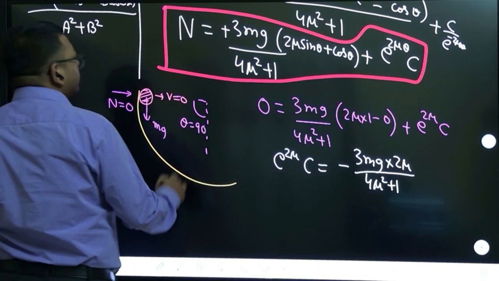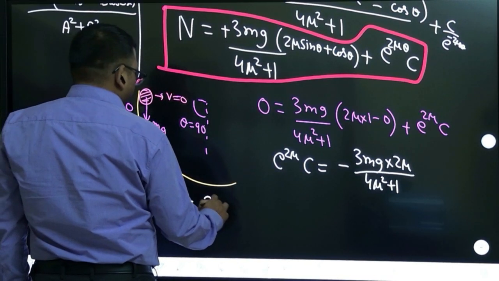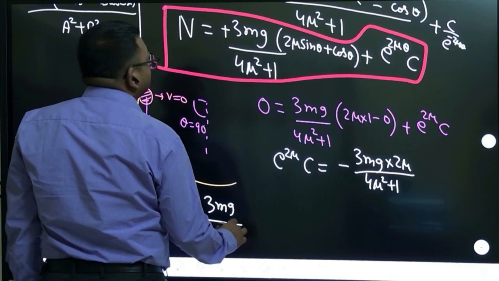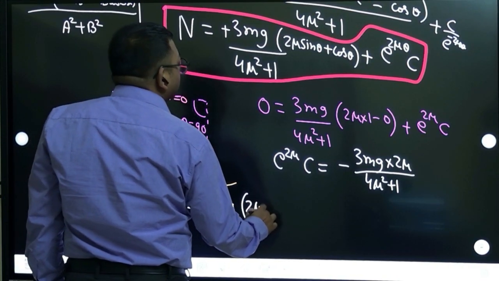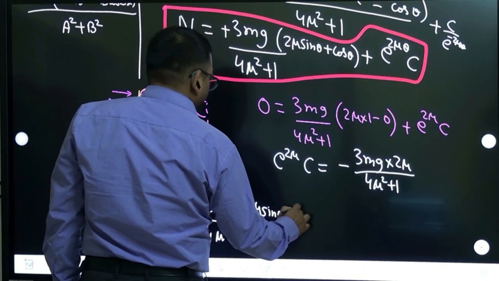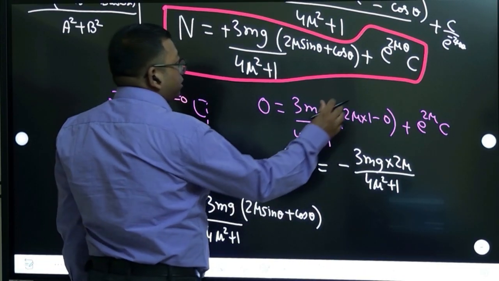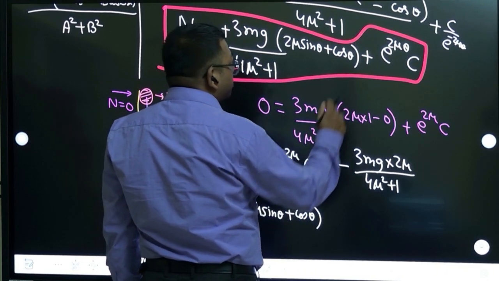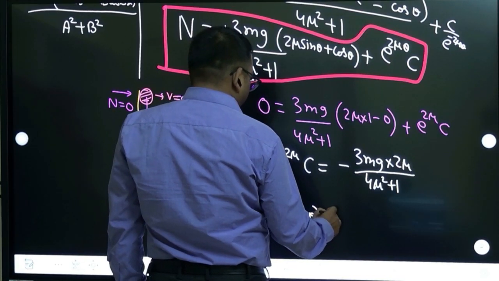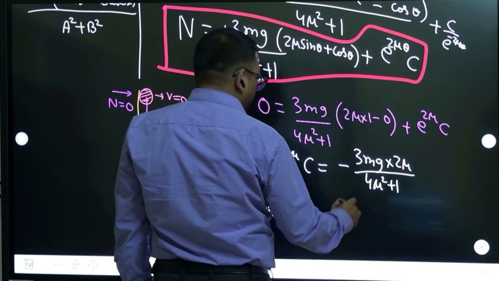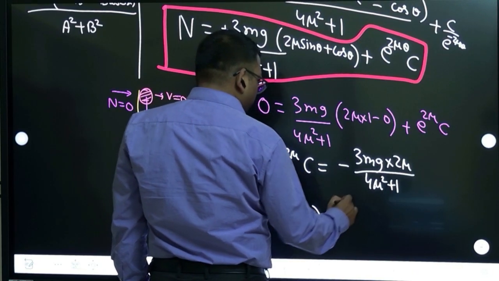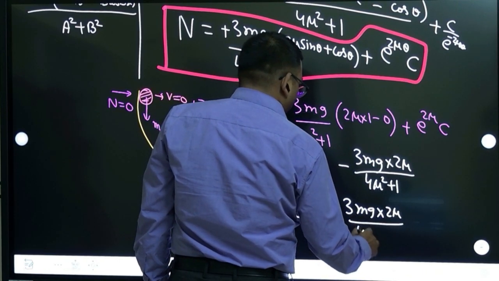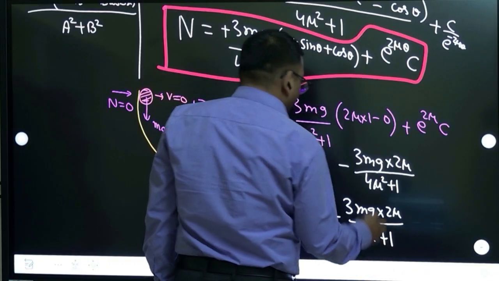So in the solution, if I substitute normal, so 3 mg by 4 mu square plus 1 and 2 mu sine theta plus cos theta, and c into e to power 2 mu. So c I have to substitute. C will be this divided by this. So that becomes minus 3 mg into 2 mu by 4 mu square plus 1, right?